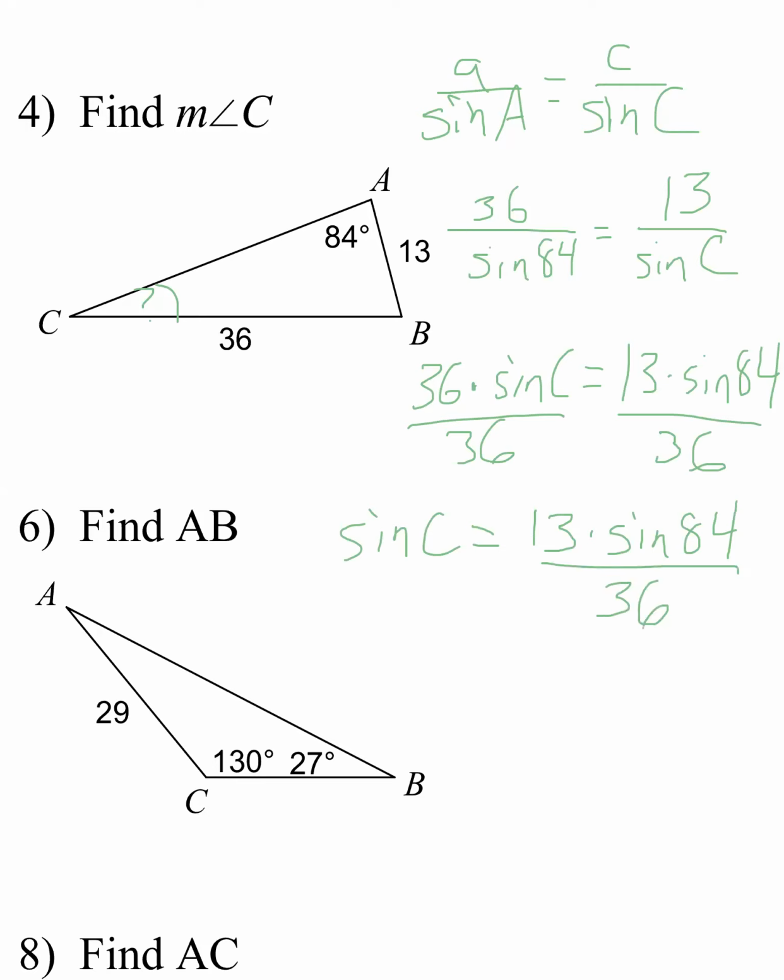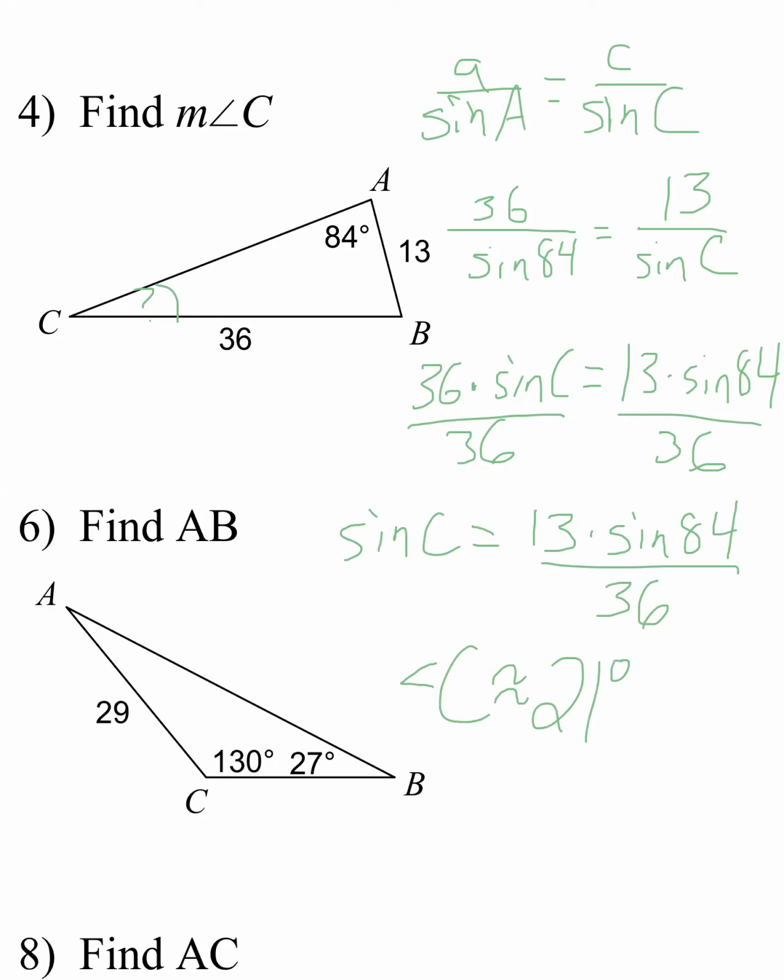If you have your own calculator, remember what you hit. You have to do second sine because I don't know what the angle is. 13 times sine of 84, all divided by 36. And my answer is 21.046. So that means angle C is approximately 21 degrees if I'm rounding to the nearest whole.